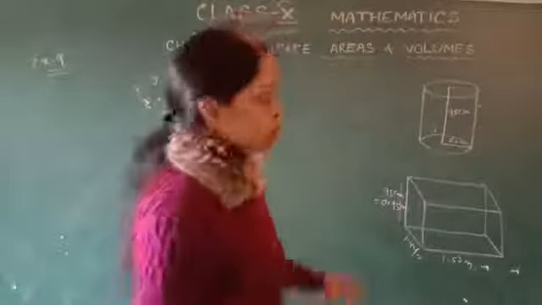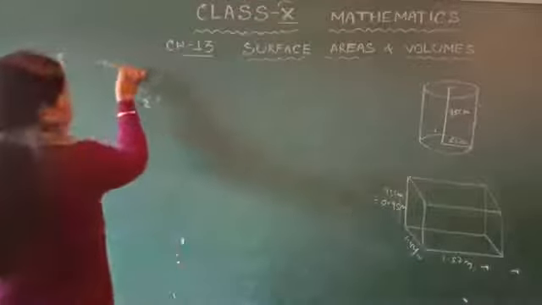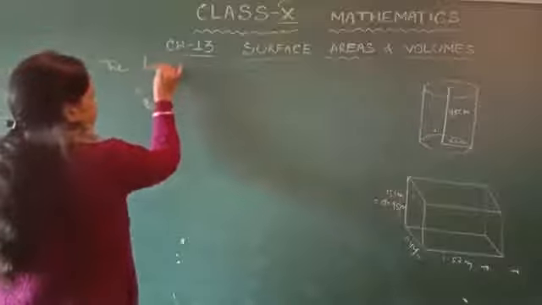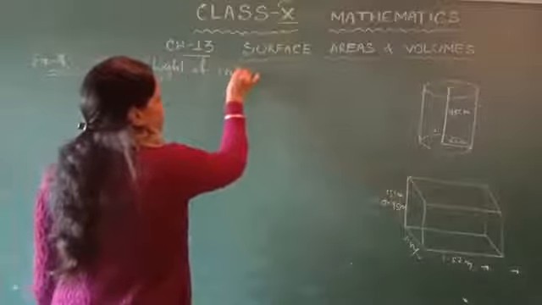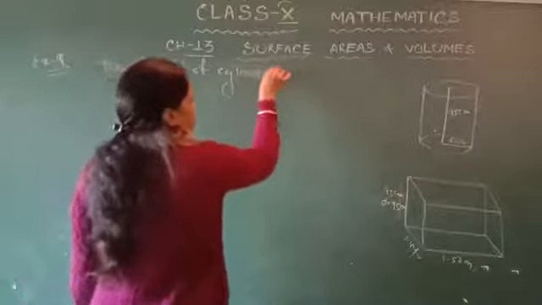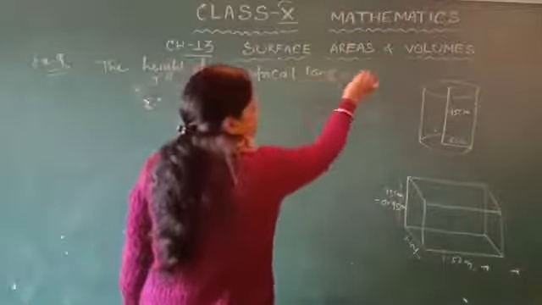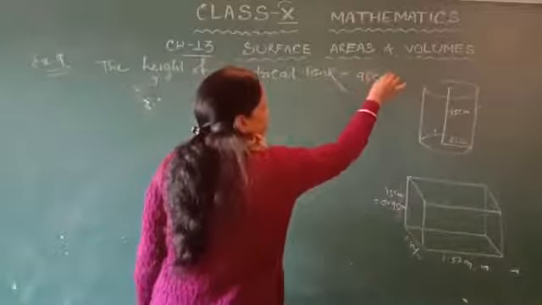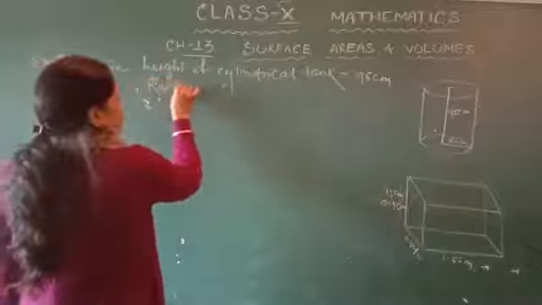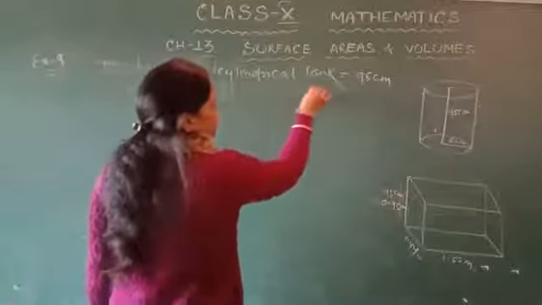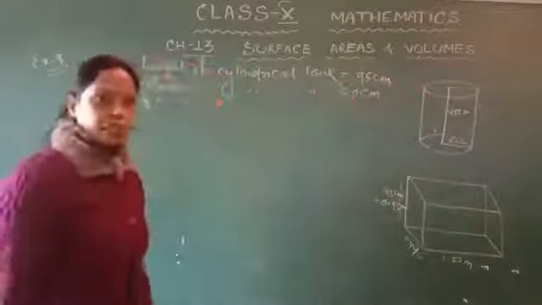Now the height of the cylindrical tank is 95 centimeter, and the radius of this cylindrical tank is 60 centimeter.